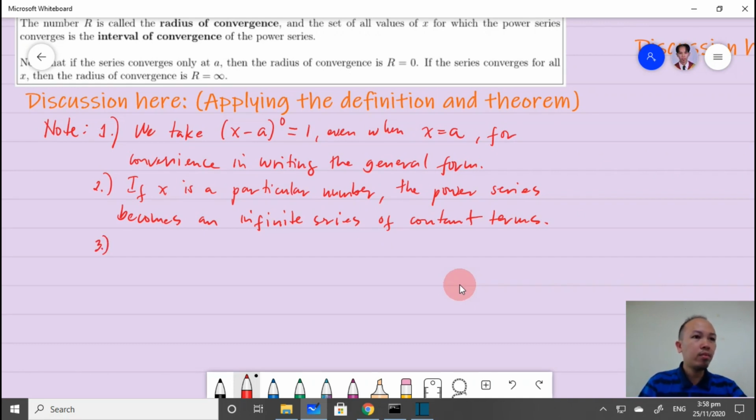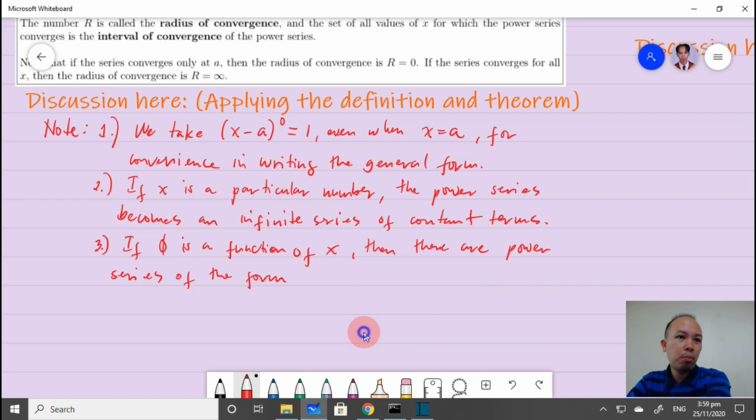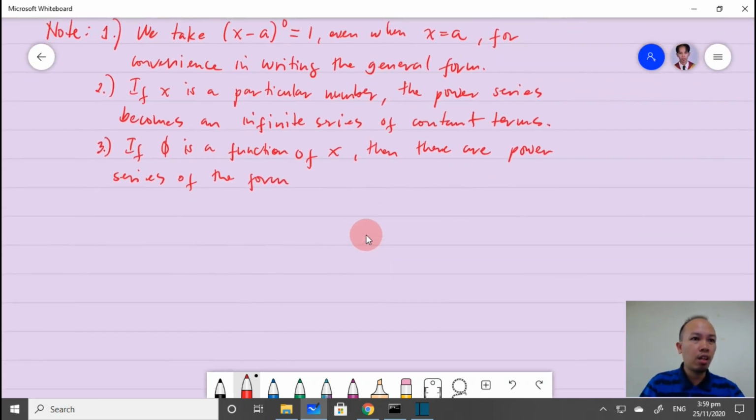Number 3: if phi is a function of x, then there are power series of the form summation of c sub n times phi of x to the power of n, where n starts from 0 to positive infinity.